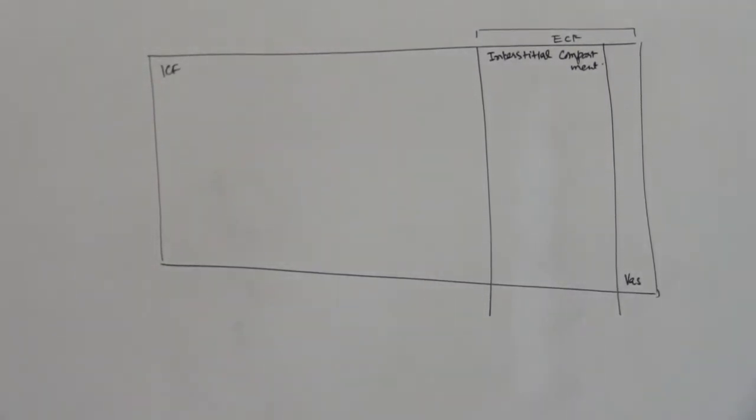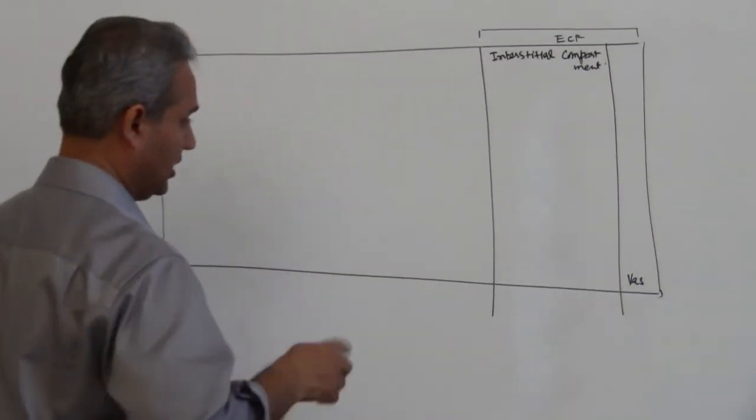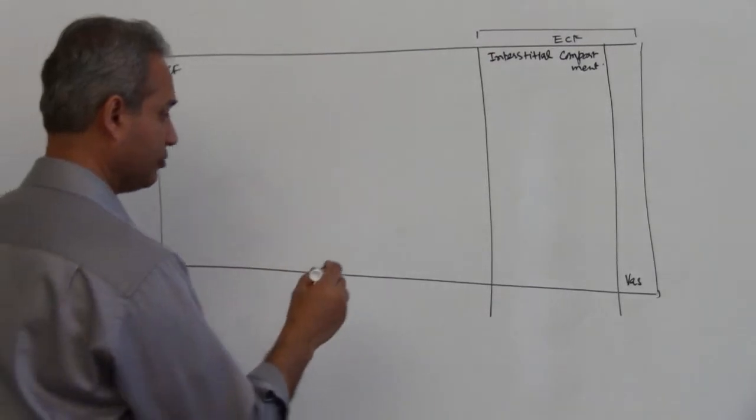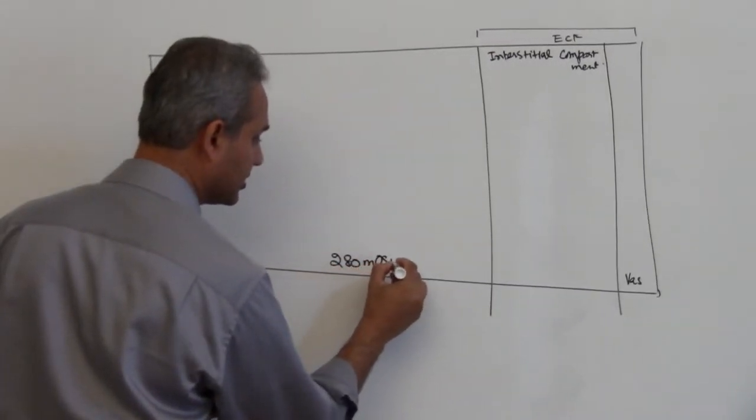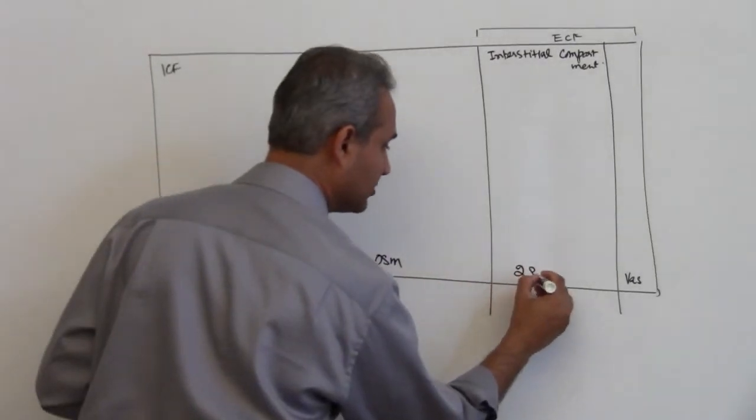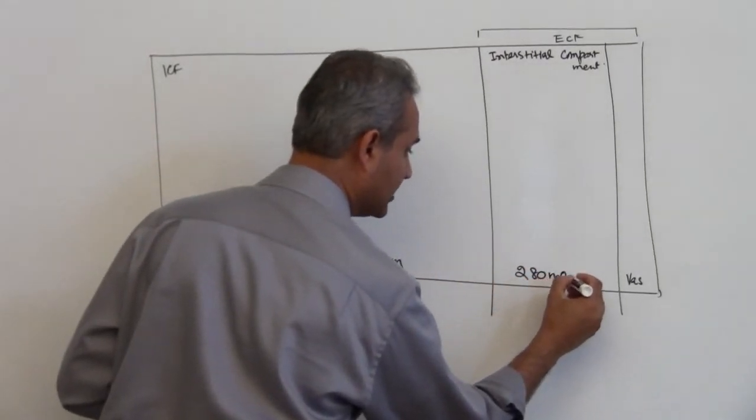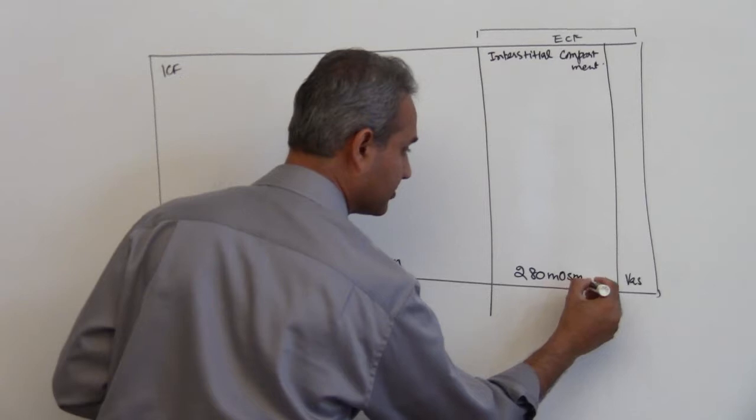So what we mean by tonicity is, as we saw in our previous examples, the osmolarity in the body fluids is about 280 milliosmoles.